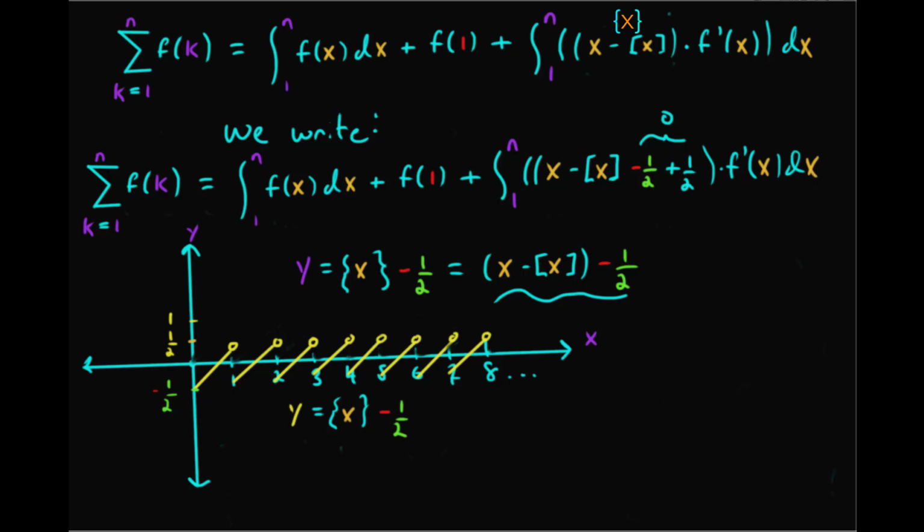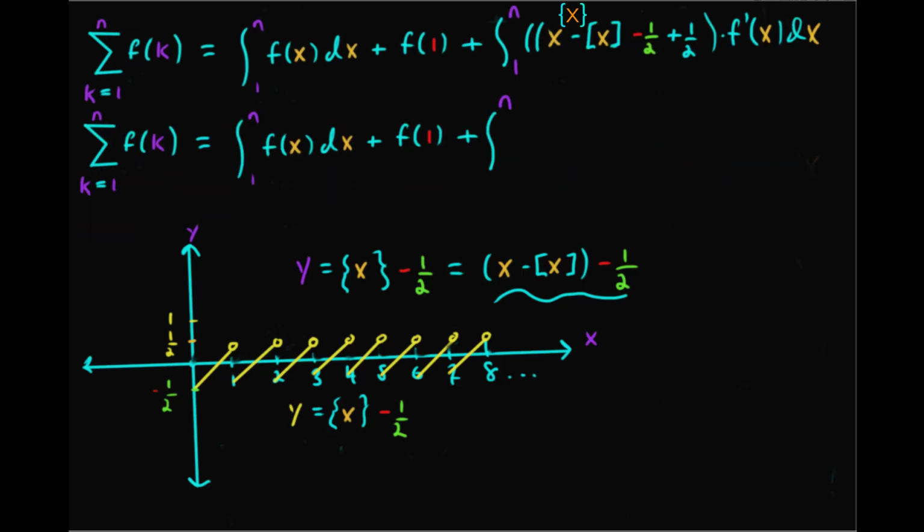But now with that clever trick of adding 0 inside the integrand, I actually now have this integral in more workable form, because I can split off that part of it, the plus 1/2 inside parenthesis, and rewrite the integral as the integral from 1 to n of x minus the floor of x minus 1/2 times f prime of x dx plus the integral from 1 to n of 1/2 times f prime of x dx.